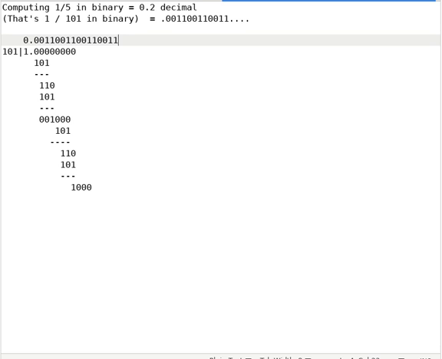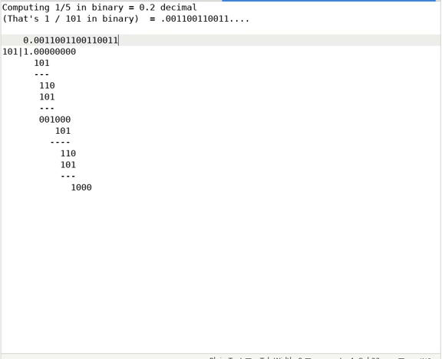I might get 1 if I'm rounding, but you see what's going to happen, that a lot of numbers which are exact are going to be really darn close, but not exact. That phenomenon of taking 1/3, multiplying it by 3 and getting 0.99999, that's going to happen a lot.